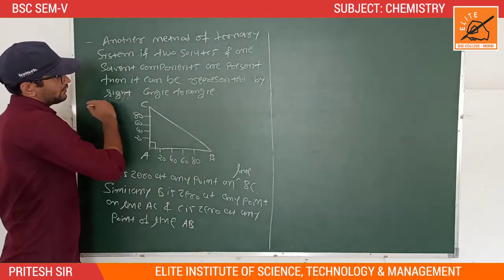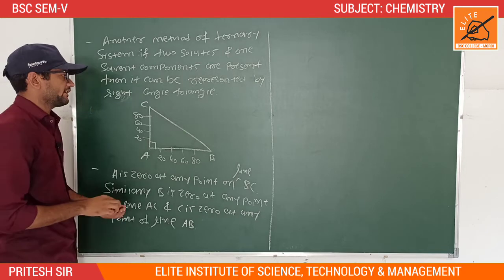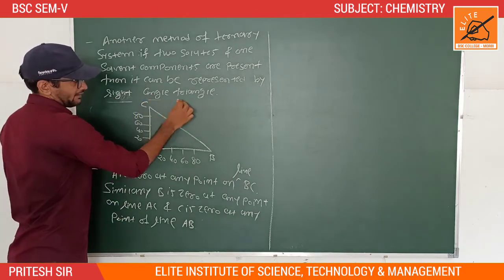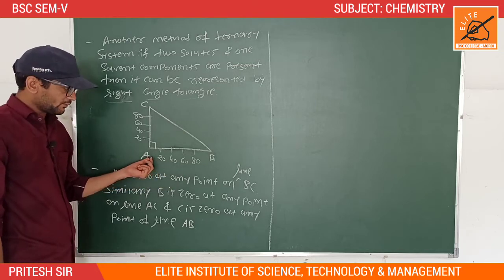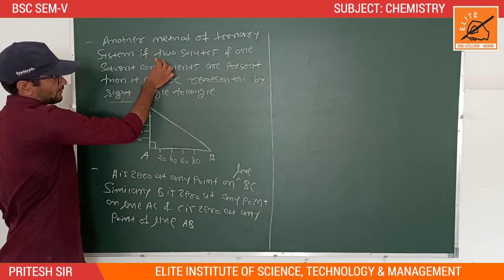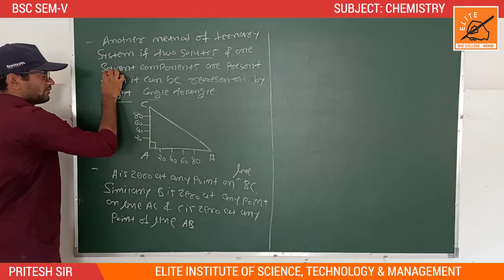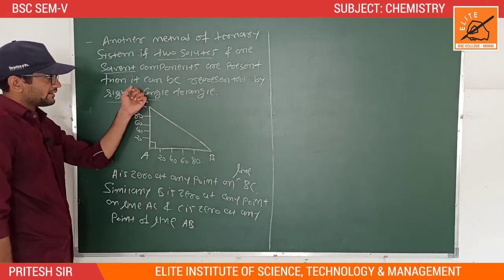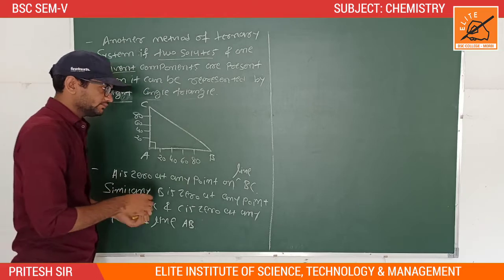Another method of representation of components is the right angle triangle method. This method is rarely used to describe all the components. It is used for a ternary system when there are two solutes and one solvent, that is, when two solutes are mixed in a solvent.